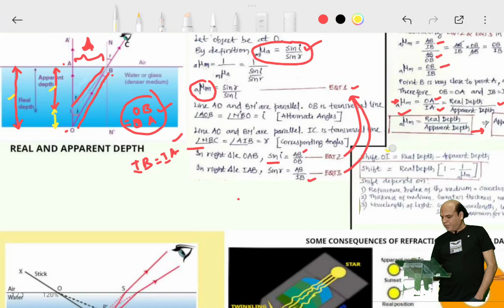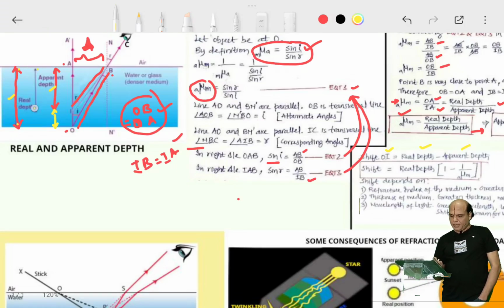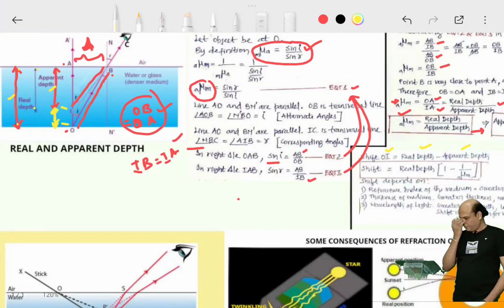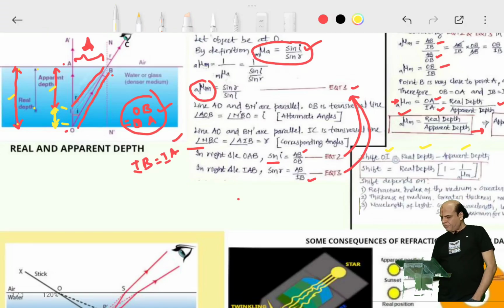So shift OI is given as real depth minus apparent depth. So an observer looking from air will see a shift in the bottom of the tank by a distance equal to OI. That is why it is called shift. So shift OI is equal to real depth minus apparent depth.